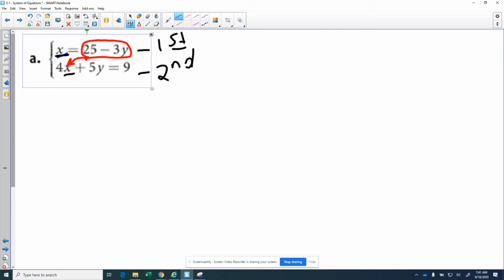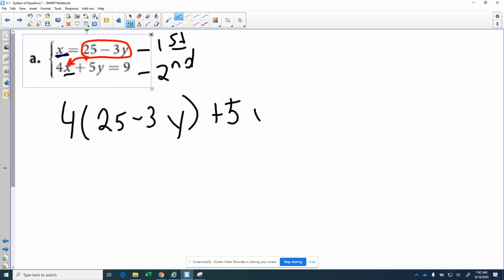What this will give me is 25 minus 3y plus 5y equals 9. Notice once more how all I did was take this value here and plug it in for that x. That's how I got this value down here.